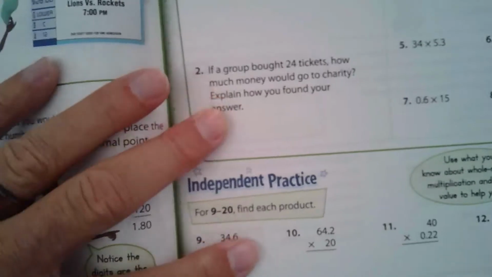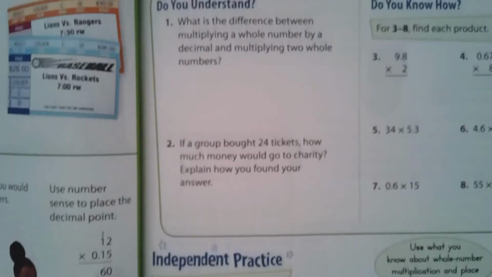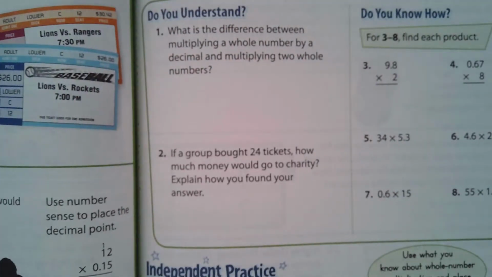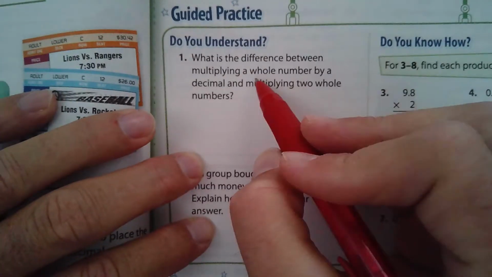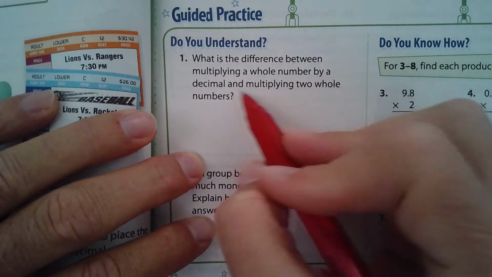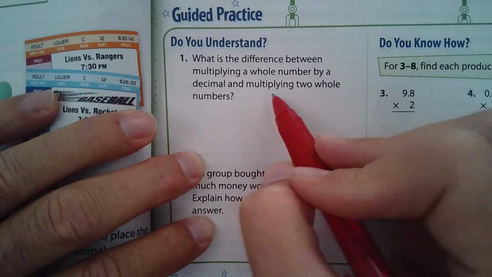So let's see, I'm on page 143. Up at the top, do you understand? It says, what is the difference between multiplying a whole number by a decimal and multiplying two whole numbers?